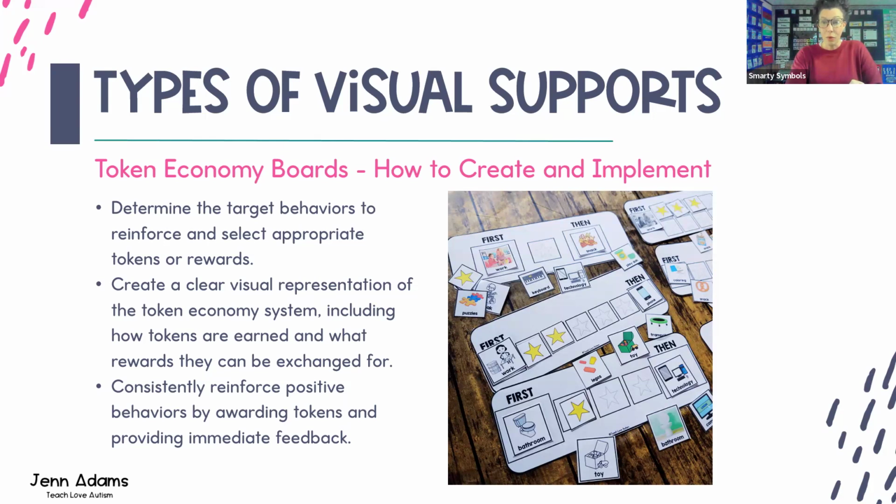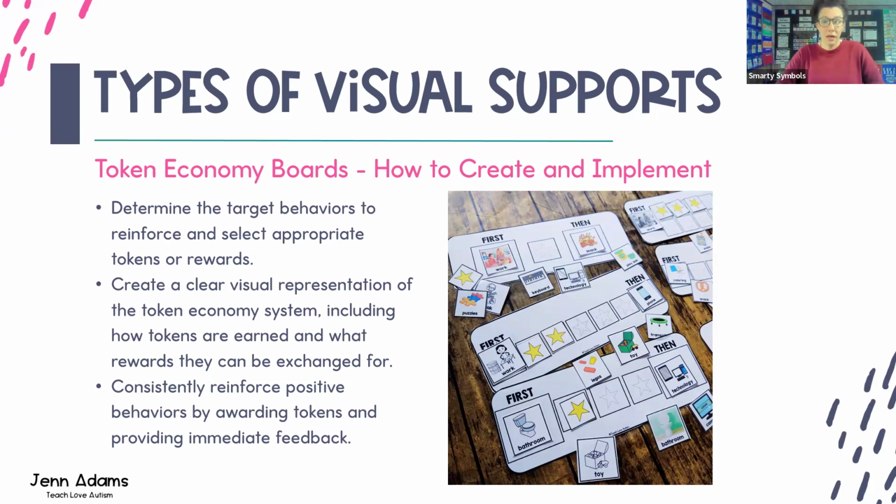Whatever you agree to do with that student on how they're going to earn their stars and how they're going to earn that final reward, you must follow through and give immediate feedback to the student. Very much so in the beginning stages of implementing something like this. If you have a student, I recommend yourself or a paraprofessional constantly giving reinforcement, whether it's a quick pat on the back, showing them they earned 1 star, adding it on, letting them see that, giving some praise and encouragement, and keep going through that.